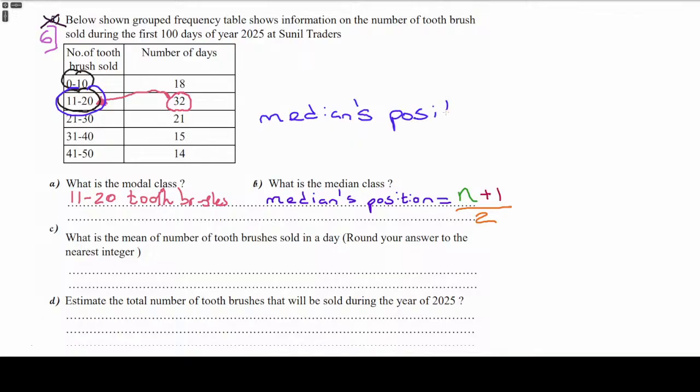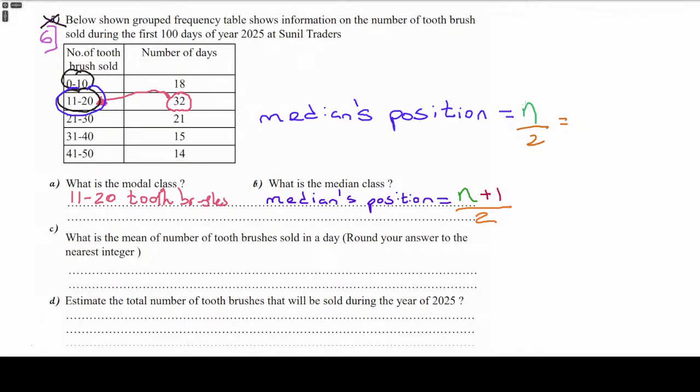Adding 1 is not required. So when there are class intervals, you can simply do n divided by 2. The plus 1 is not required.